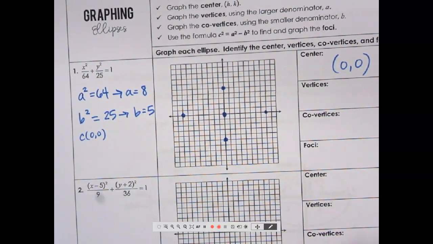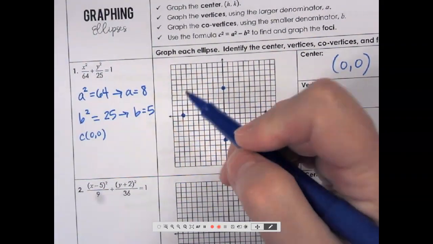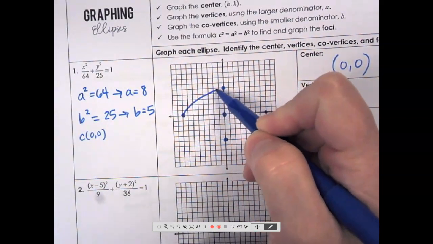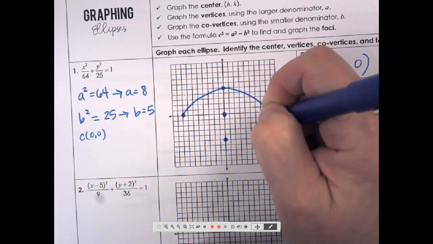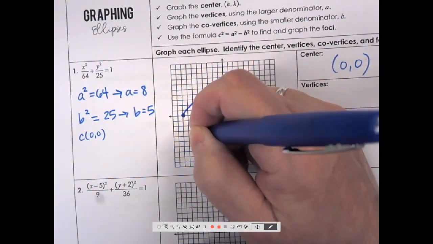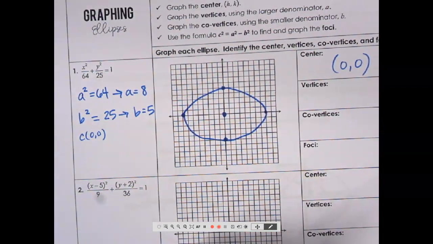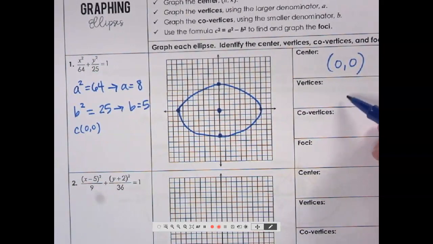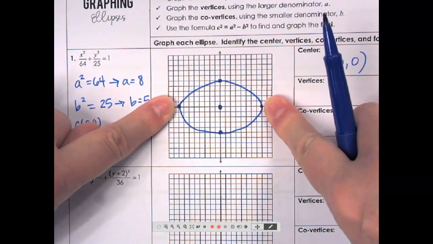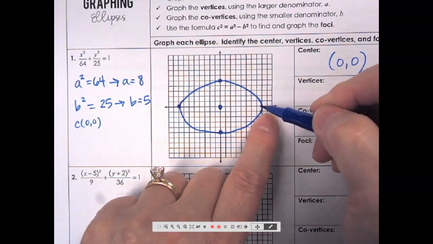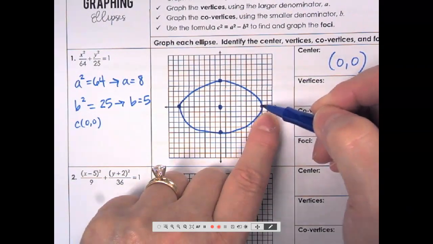So try to connect them so they're not a diamond. Try to curve into them and draw the ellipse. Okay, so that's our ellipse. Now let's go ahead and label over here what we know. Remember, the vertices are the ones farthest from the center. So what is that ordered pair right there? 8, 0.